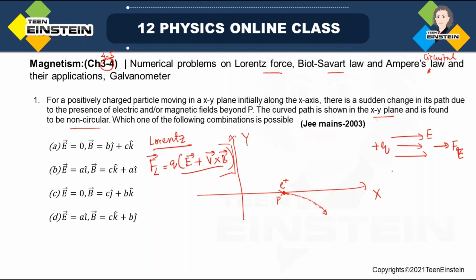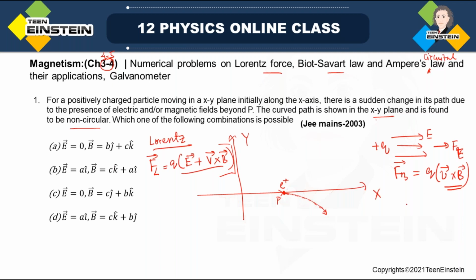Now, the magnetic force F_B is Q into V cross B. V is the velocity of the charged particle and B is the magnetic field. Now see, this is a cross product, so you have to apply the right hand thumb rule or right hand screw rule, whatever rule you know, to find the direction of this cross product.